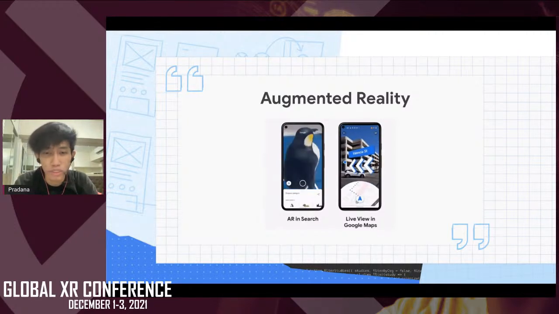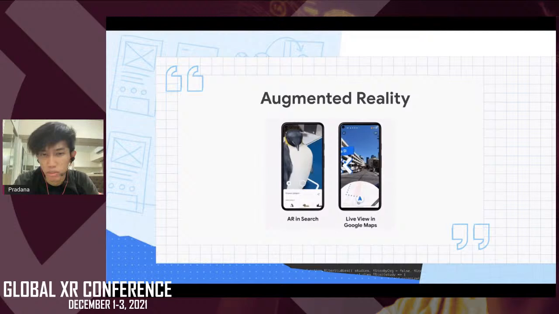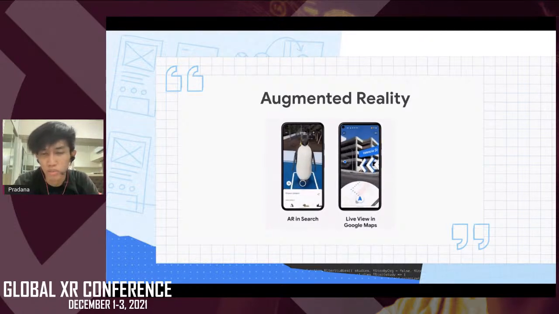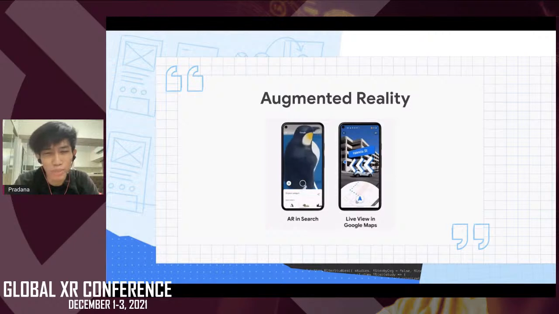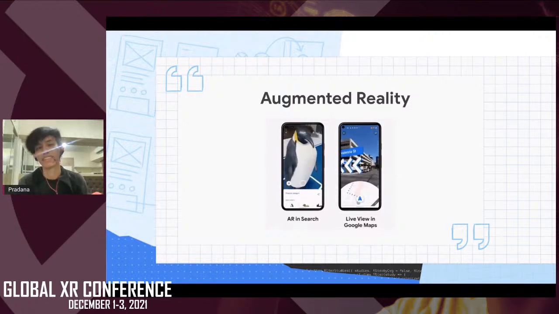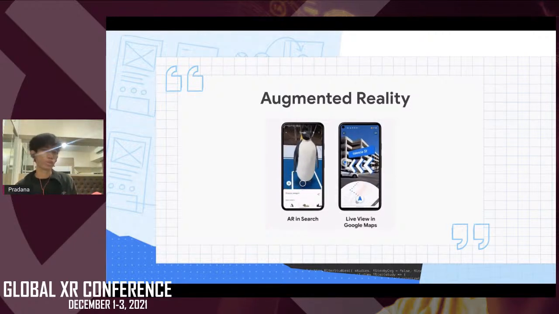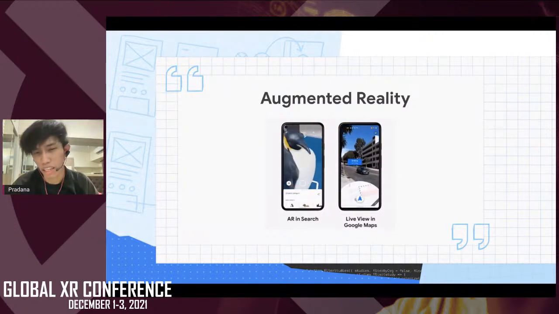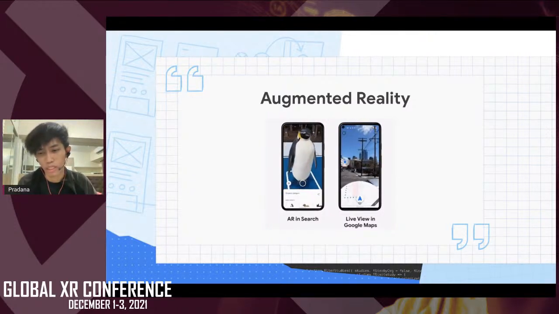You can use this feature so that it shows us the correct direction in a proper and more interactive way, so that we have fun while going to the place we want to visit. These are two implementations of augmented reality in our daily life. So I think that is what ARCore can do.